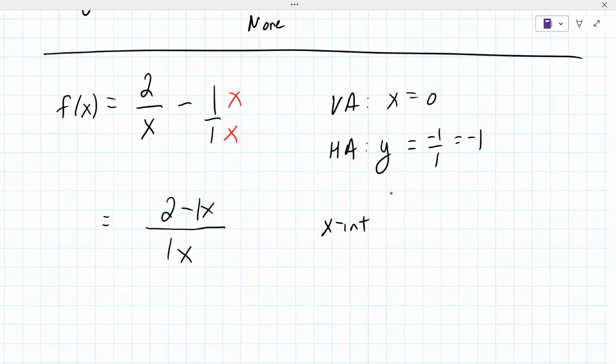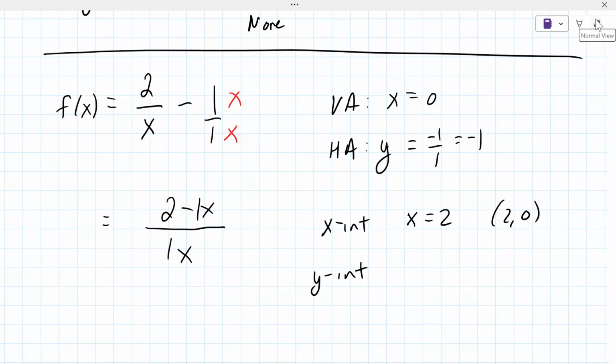So 2 minus x equals 0, minus x equals -2, x equals 2. So that'd be 2 comma 0. And give me the y-intercept.